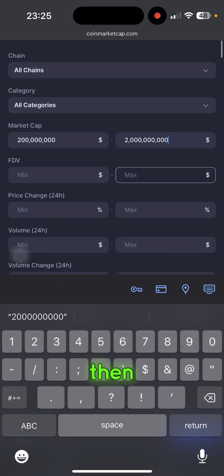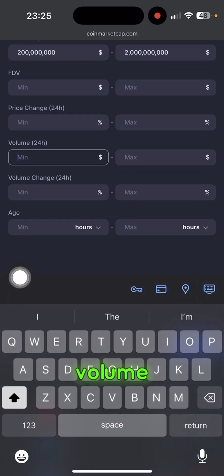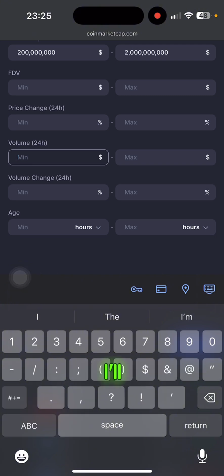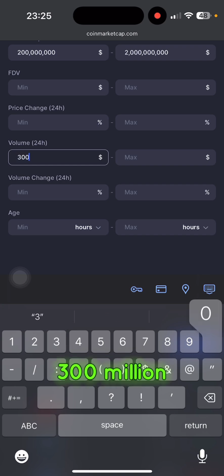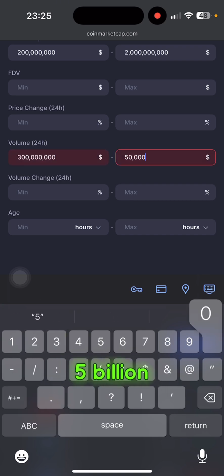And after that, you scroll down a little bit and do the same for the volume. So for the volume, I'll be going for a volume ranging from about 300 million to about 5 billion. Or let's go for 1 billion.